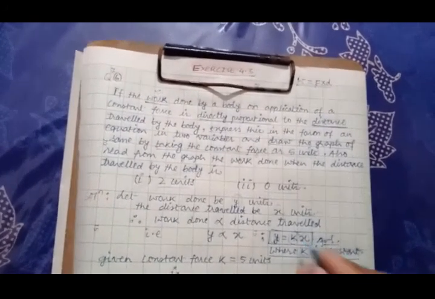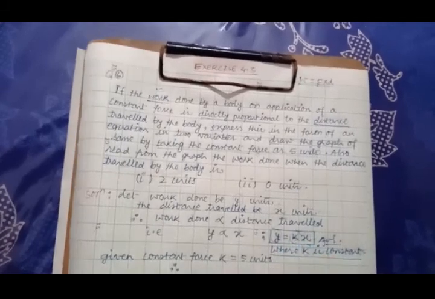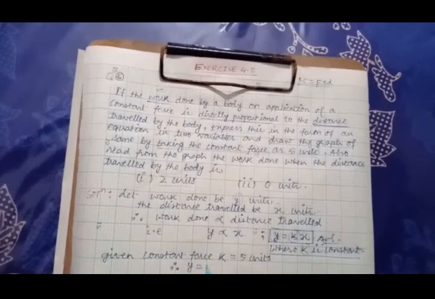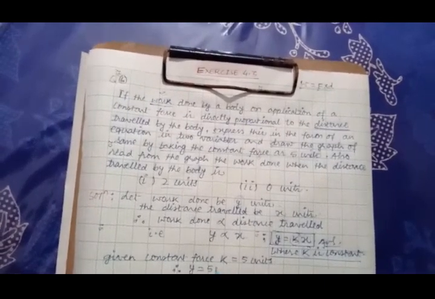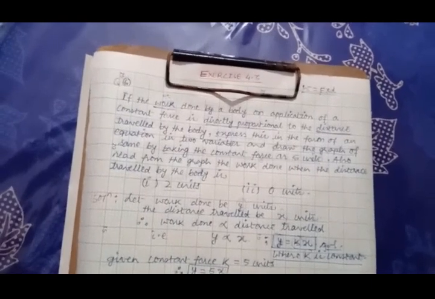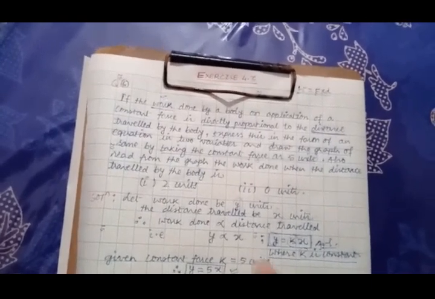Therefore, this relation y equal to kx becomes work done y equals 5 times distance traveled x. Now we have to draw the graph of this relation y equal to 5x.